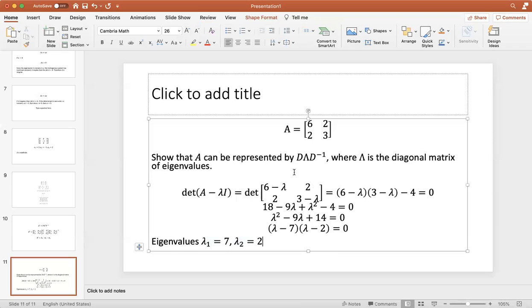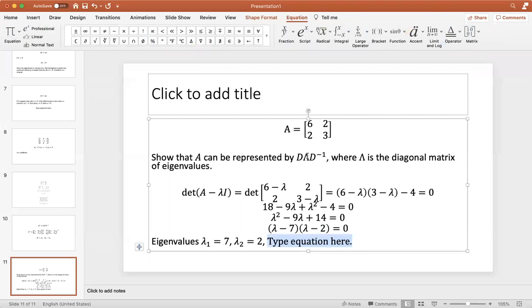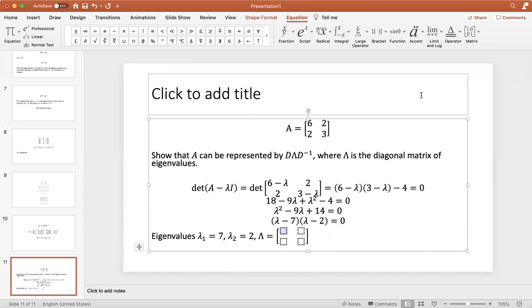Now I can construct this middle matrix, this diagonal matrix. The diagonal matrix, big lambda, will be this 2 by 2 matrix: 7, 2, 0, 0. Now it's just a matter of solving for D and D inverse.